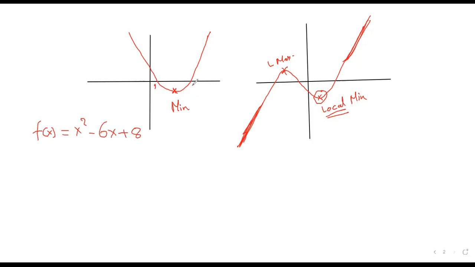This is the graph for this. If you use a graphical calculator, desmos.com will sketch this graph for you. You will find out the minimum is at (3, -1), which is called the vertex.